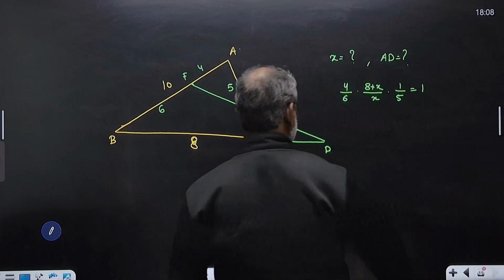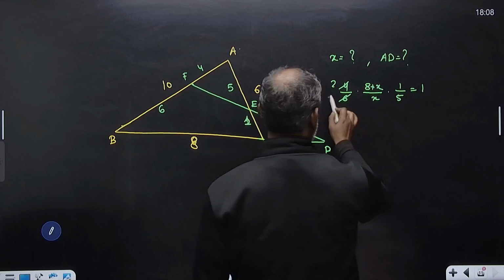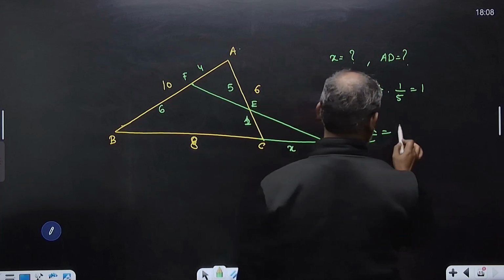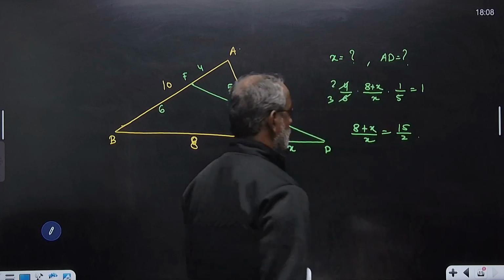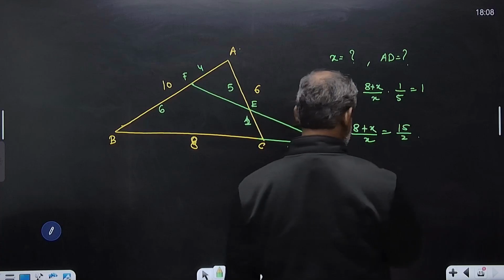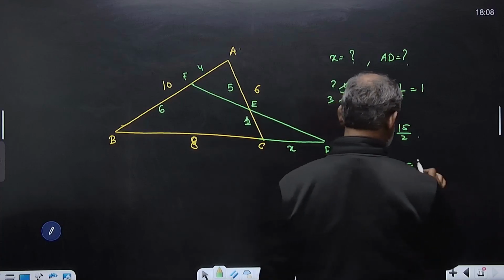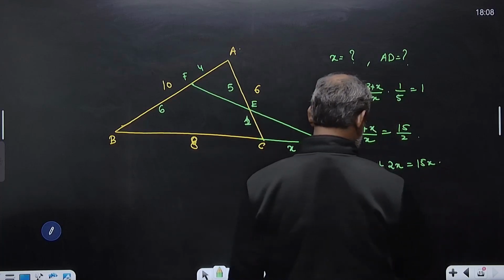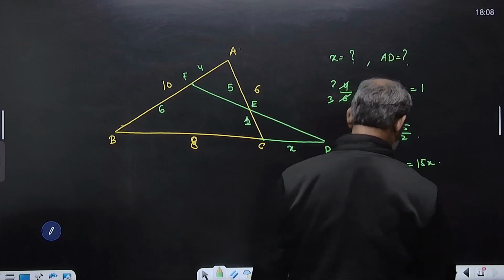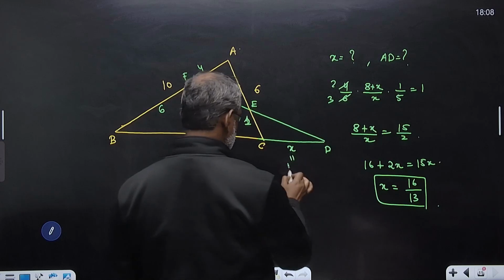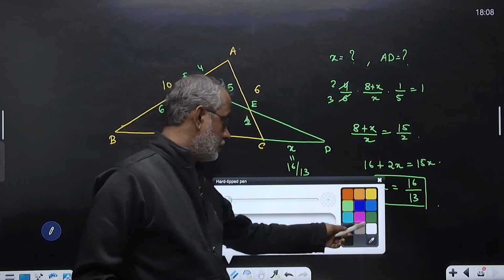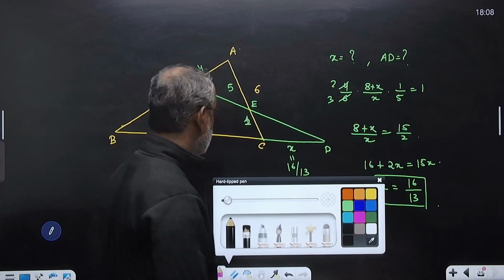Okay, so this is 2 by 3, 8 plus X upon X, 15 upon 2, isn't it? So 16 x is 16 by 13.